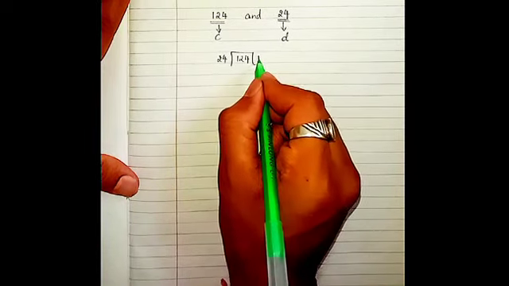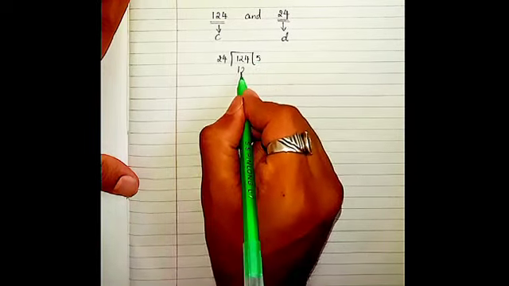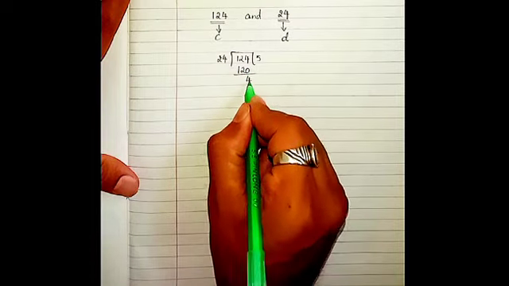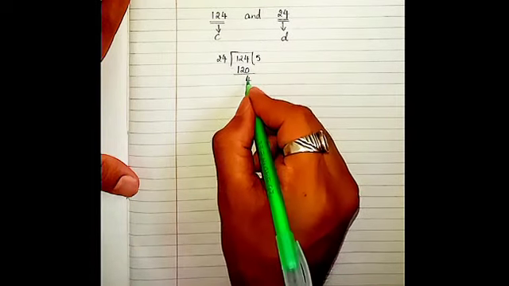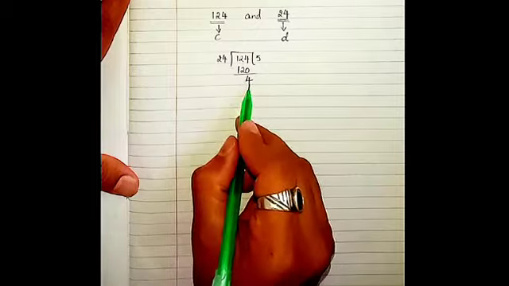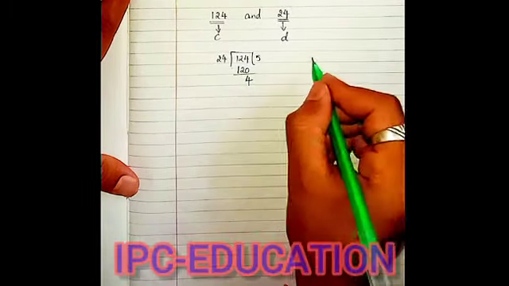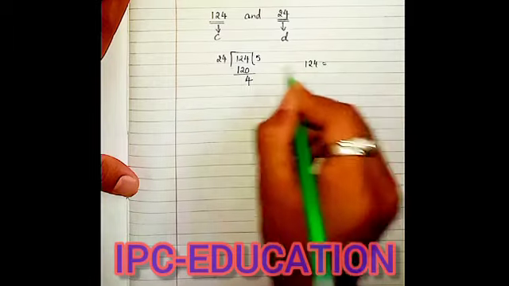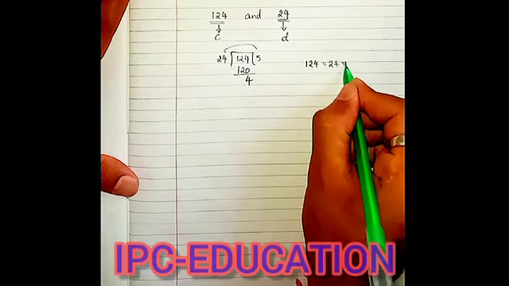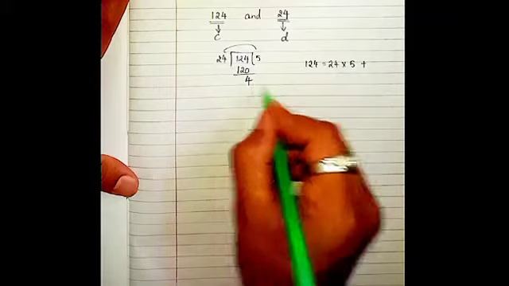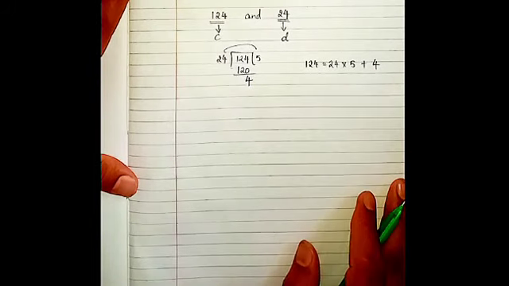So when we divide, 24 fives are 120 and remainder is 4. Again this number is smaller than this, no further division is possible, and we will mention this 124 as 24 multiplied by 5 plus the remainder, that is 4.